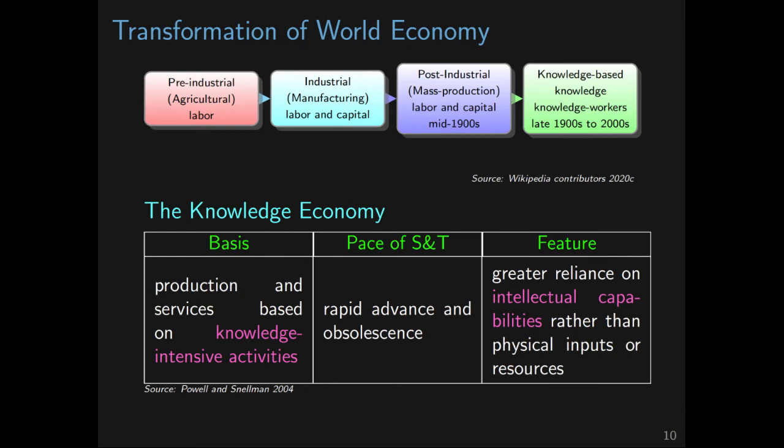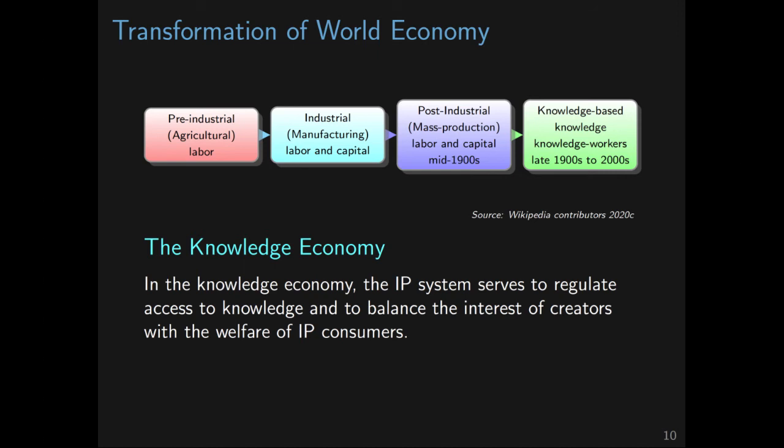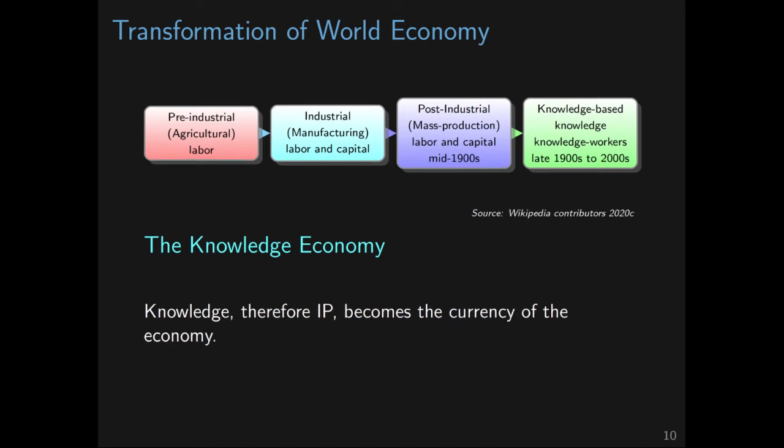In fact, such intellectual capabilities are now more important than inputs such as land, office, physical infrastructure, and the like. In the knowledge economy, the IP system also serves to regulate access to knowledge and to balance the interests of creators with the welfare of consumers, as I mentioned earlier. And hence, in the knowledge economy, IP has become its currency.